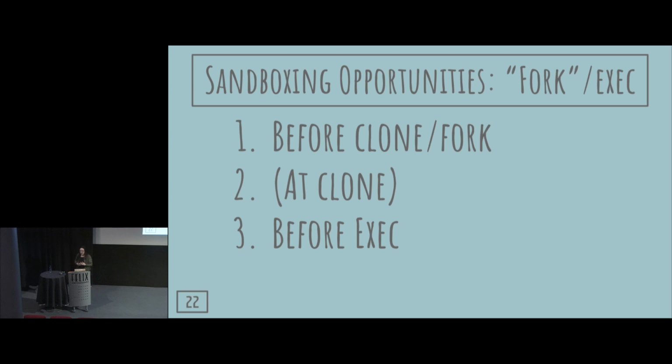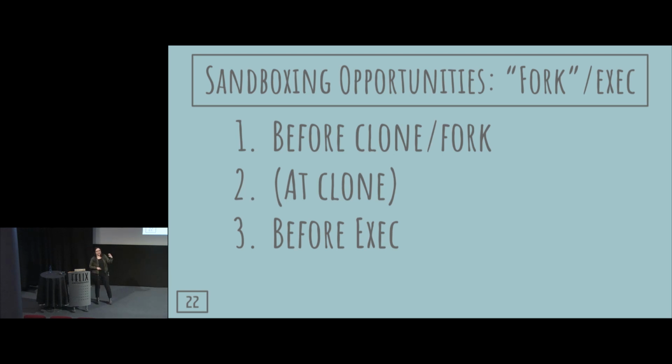That's a good time to do many things, because a lot of things are inherited by your child. If you do a fork, it's basically everything. But even if you do an exec, you can do things like getting file descriptors and things like that you might not want the child process to have. So this is your time to close whatever you don't want.